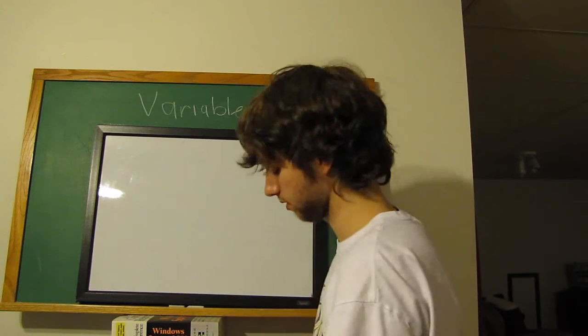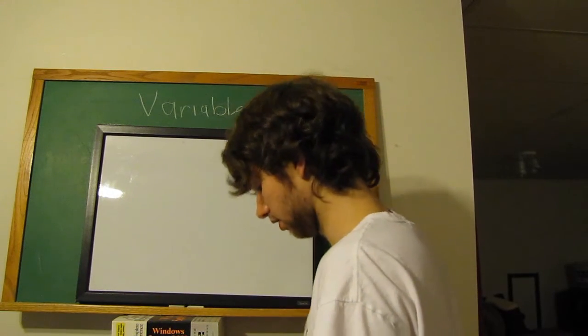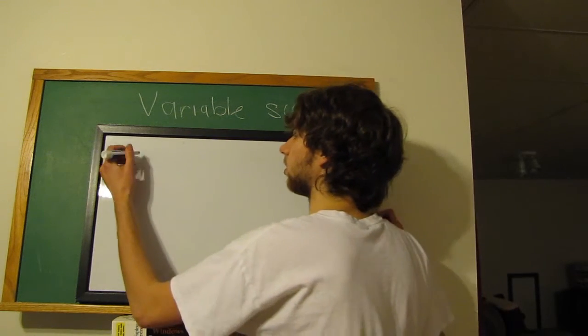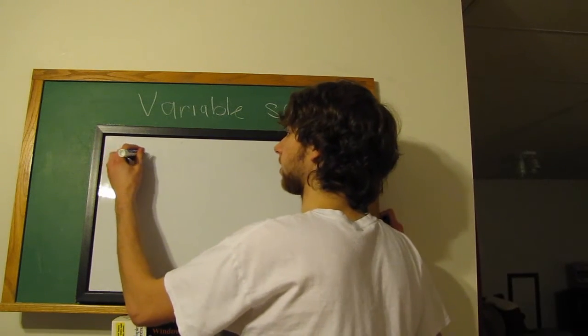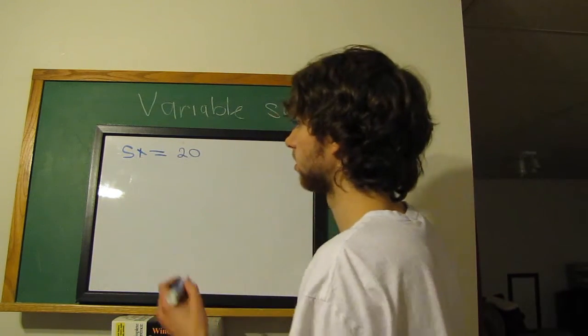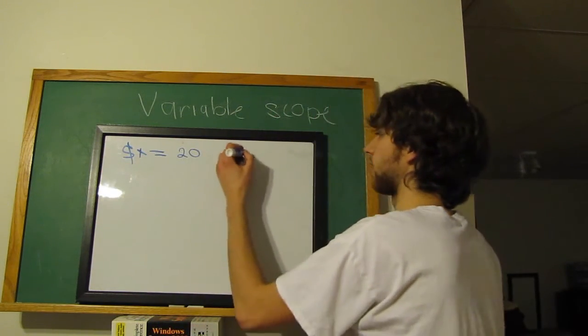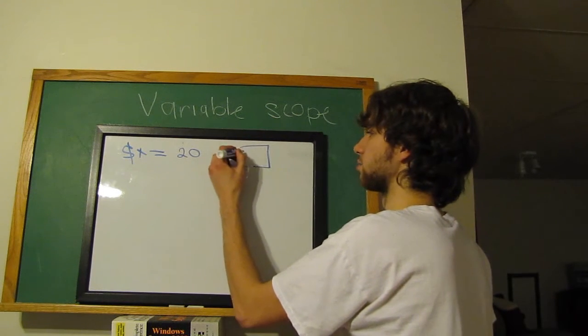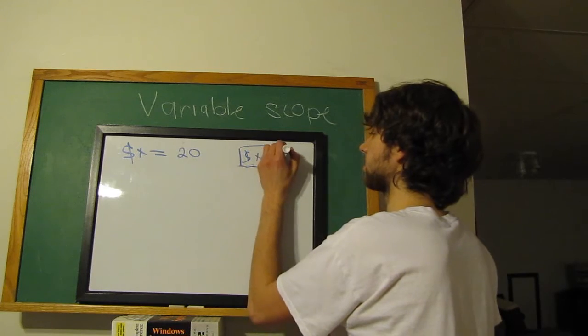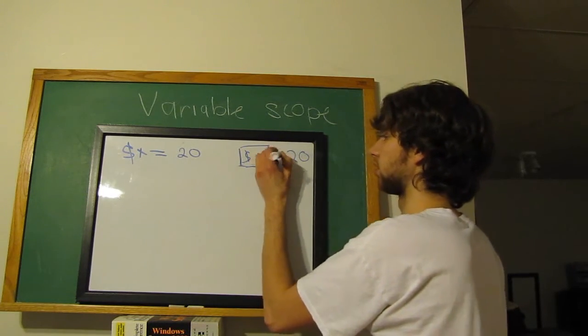Alright, let me try this, because obviously I'm having difficulties. We use blue. The variable x has the value 20, okay? That means we have a variable. So this box is the variable, and the variable is x, and it has the value 20.